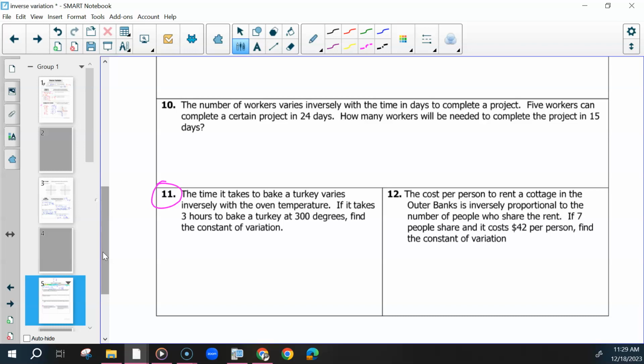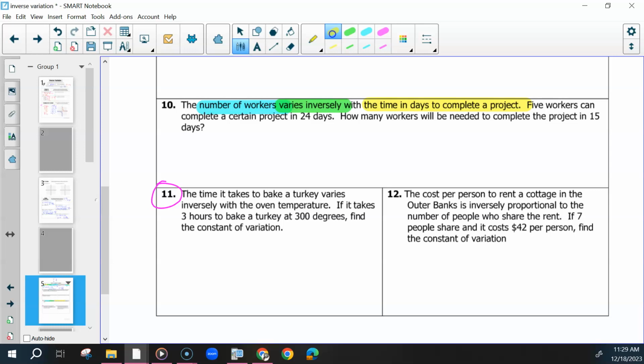How many workers will be needed to complete the project in 15 days? So what's important? Number of workers varies inversely with the time it takes to complete the project, time in days.